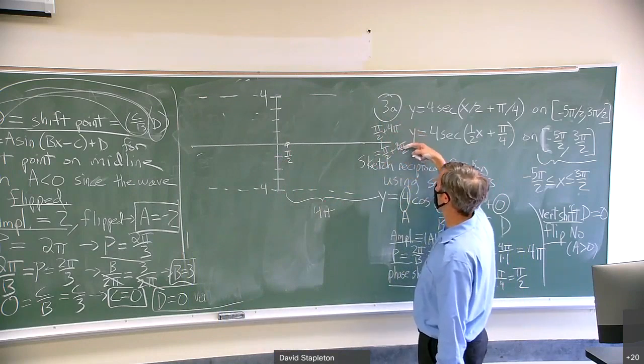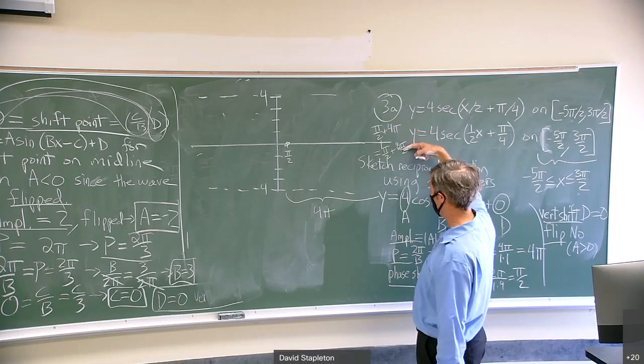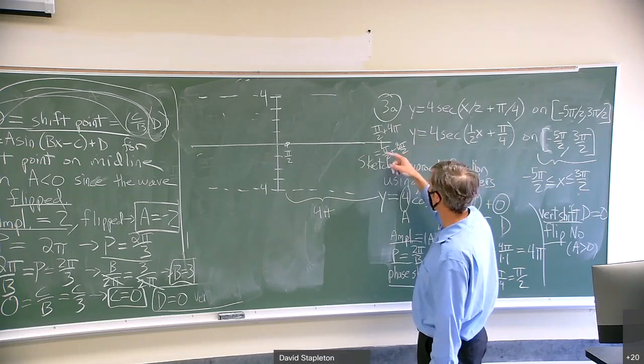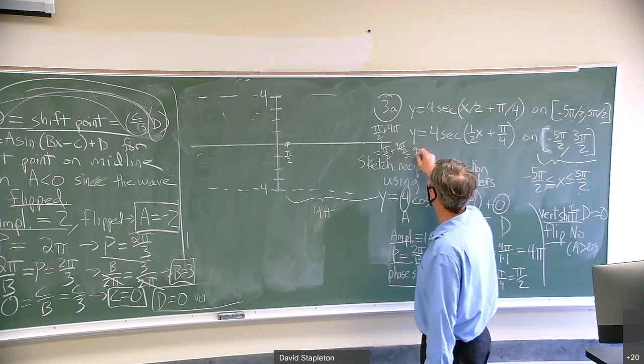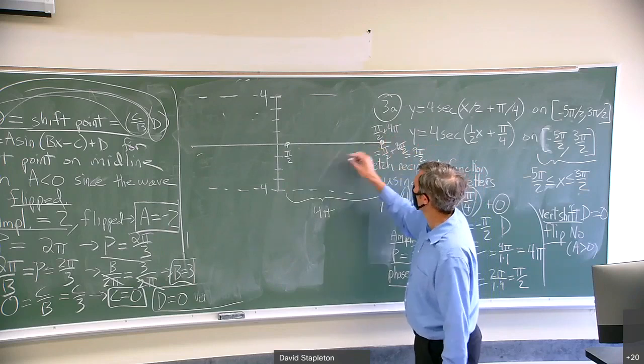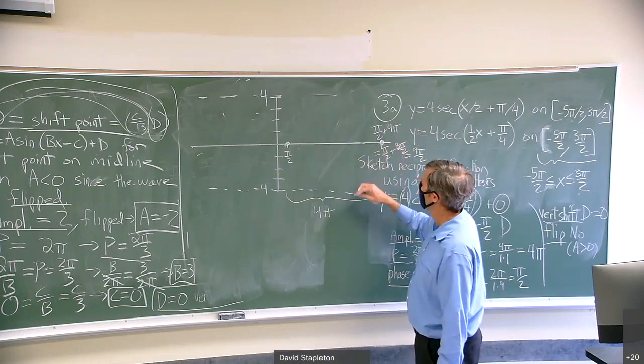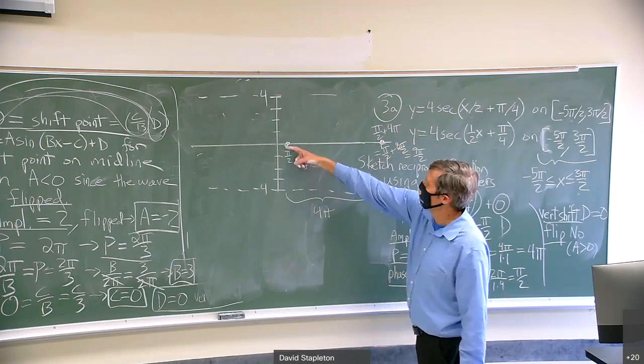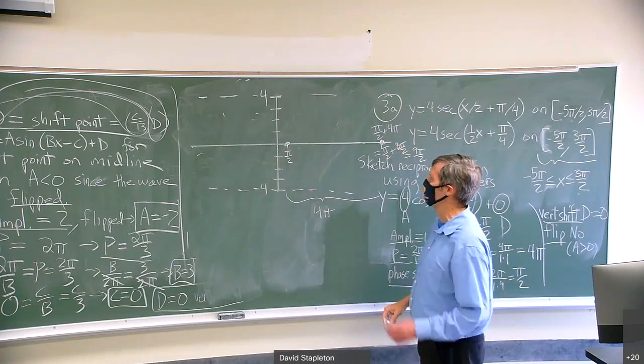Rewriting with a common denominator, multiply this top and bottom by 2. Gives us 9 pi over 2, right? 1 and 8 is 9 pi over 2. So we'll have a point right here corresponding to this one at pi over 2. Now we don't start with the function going through the shift point. Where does it start?